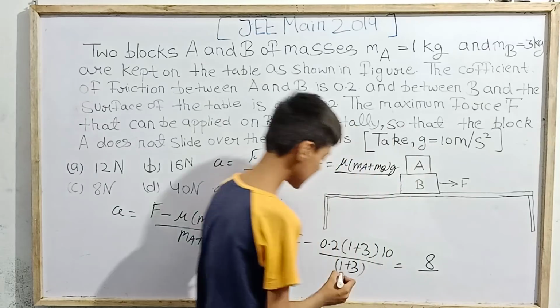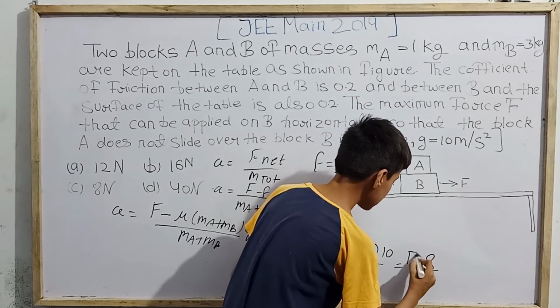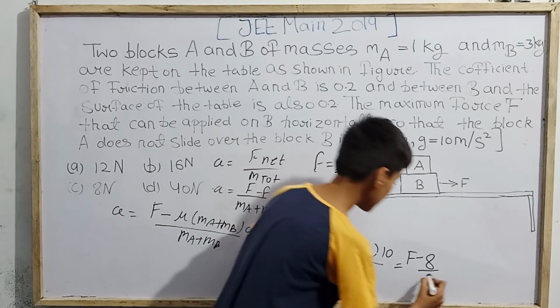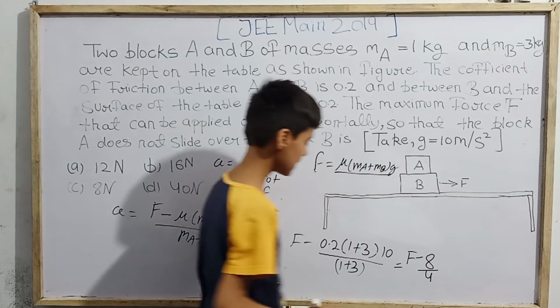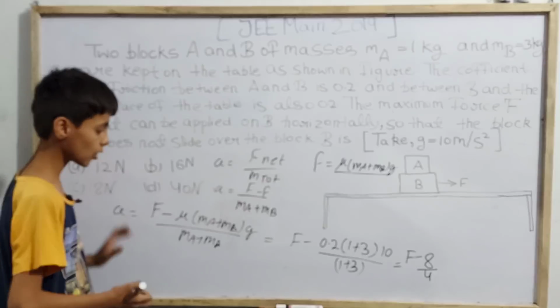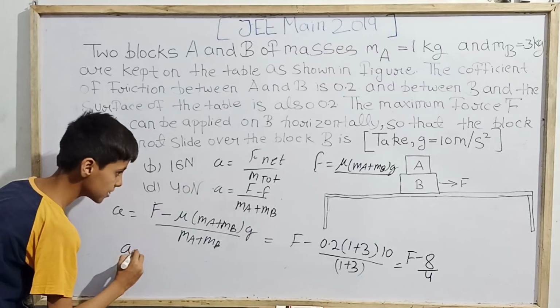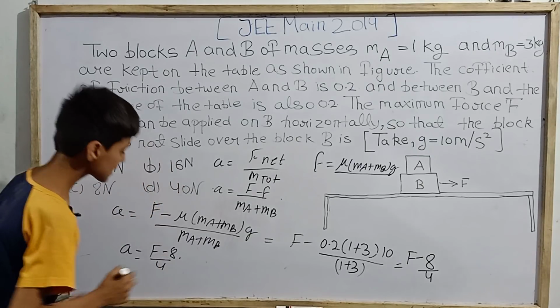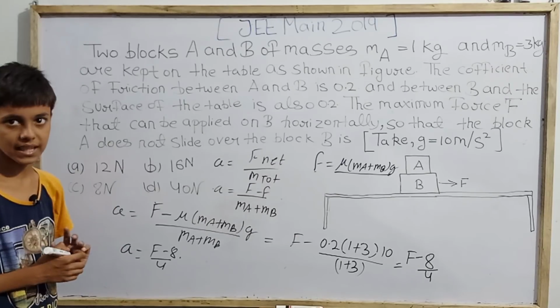So F minus 8, divided by 4, because 1 plus 3 is 4. So finally what we are getting is that the acceleration is (F minus 8) divided by 4. This is the acceleration of the entire system.